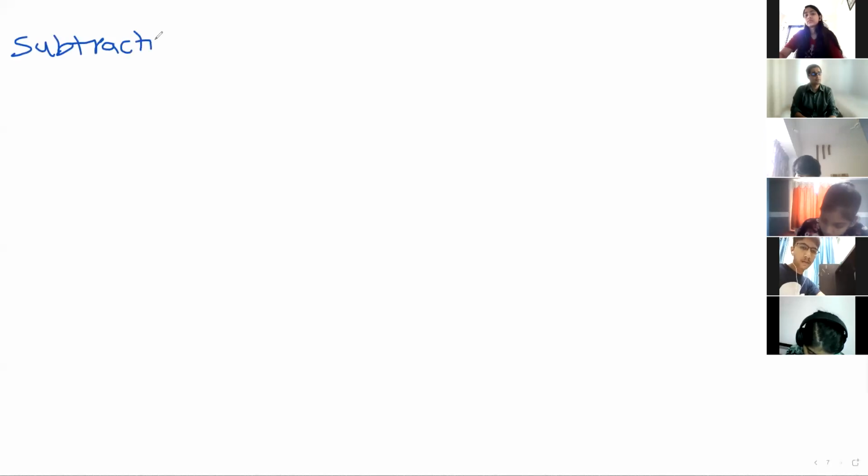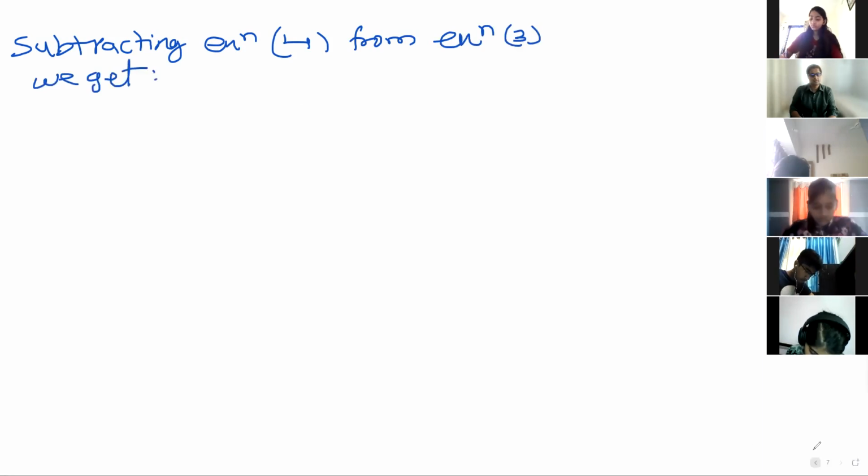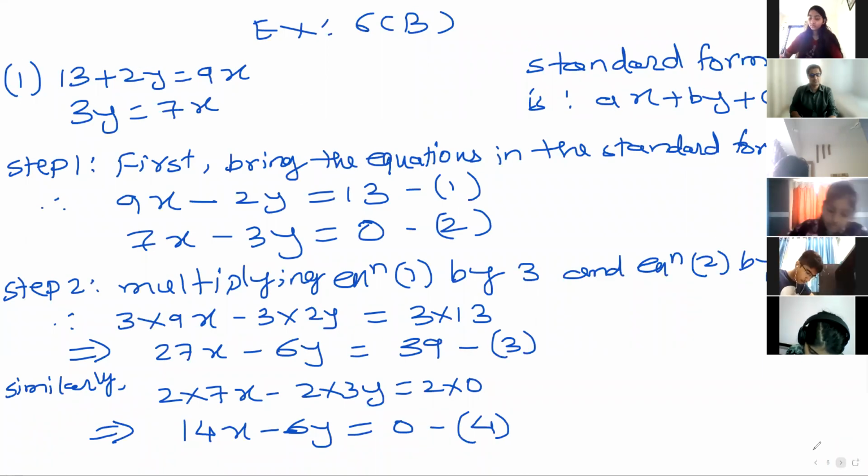Subtracting equation 4 from equation 3, we get, okay, what is equation 3? 27x minus 6y is equal to 39.